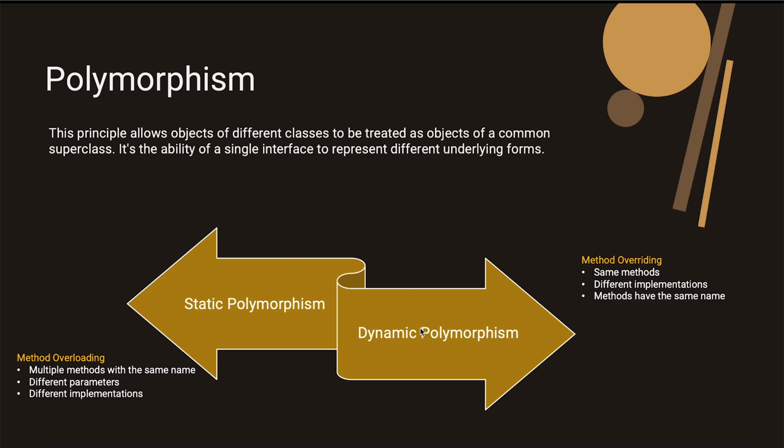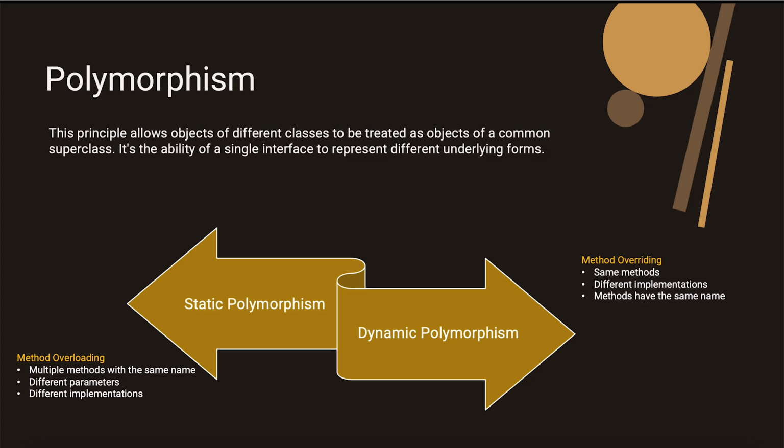Now let's have a look at dynamic polymorphism. Dynamic polymorphism in C# is achieved through method overriding. What is method overriding? Different from method overloading, method overriding can only be achieved through inheritance. So we would have two methods, but the two methods would have the same name, the same parameters, but they would just have different implementation.